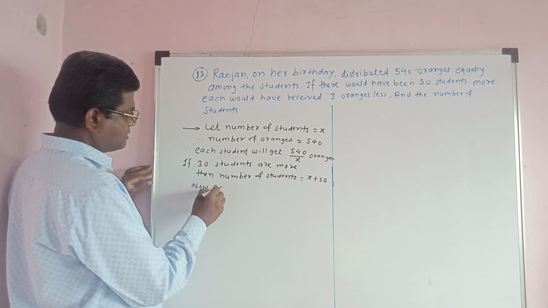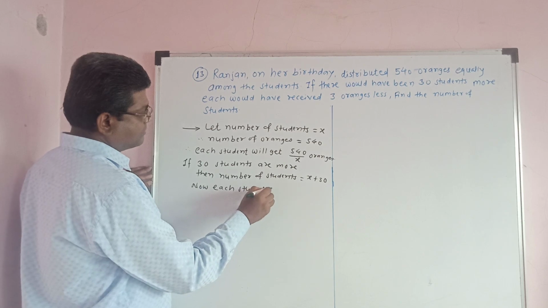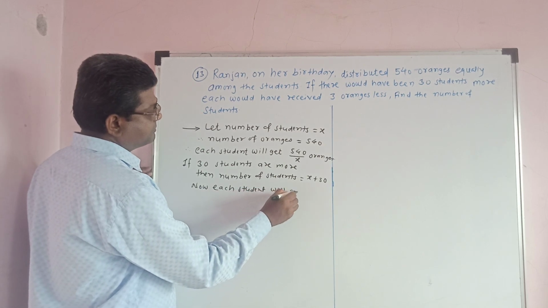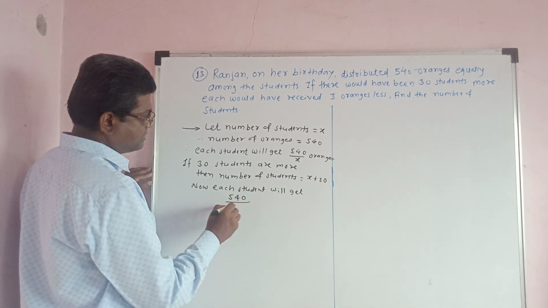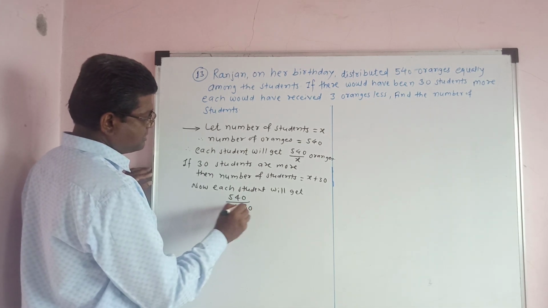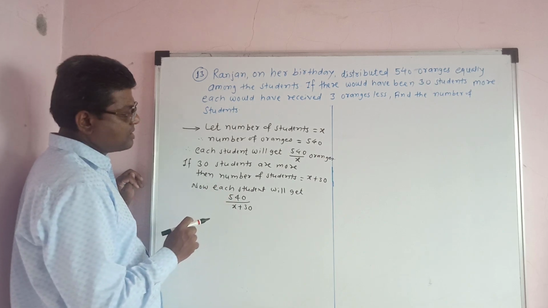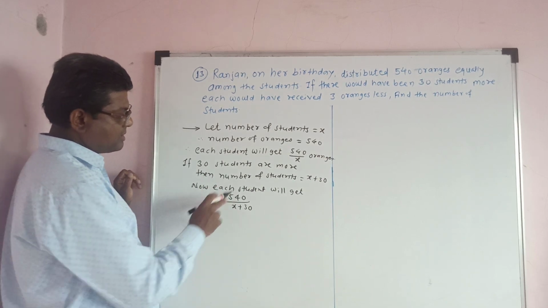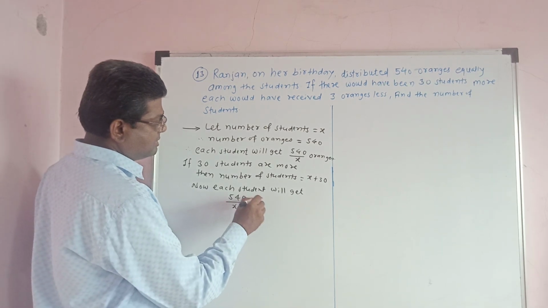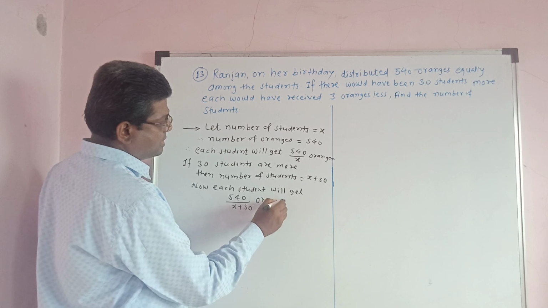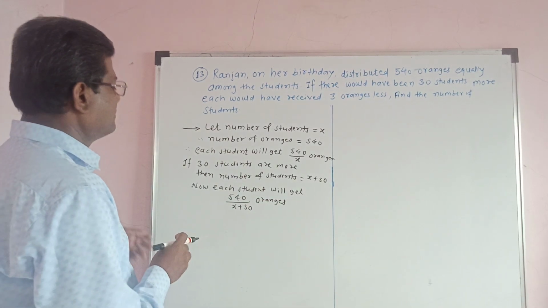Now each student will get 540 upon x plus 30. Total students x plus 30 and oranges are 540. Therefore each student will get 540 upon x plus 30 oranges, and its difference is 3.